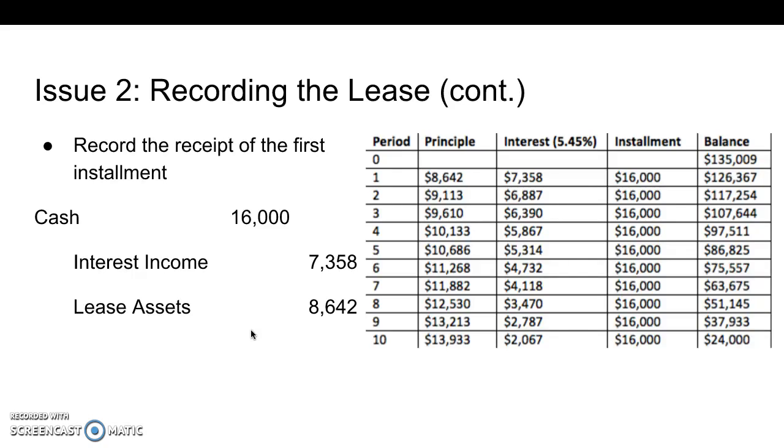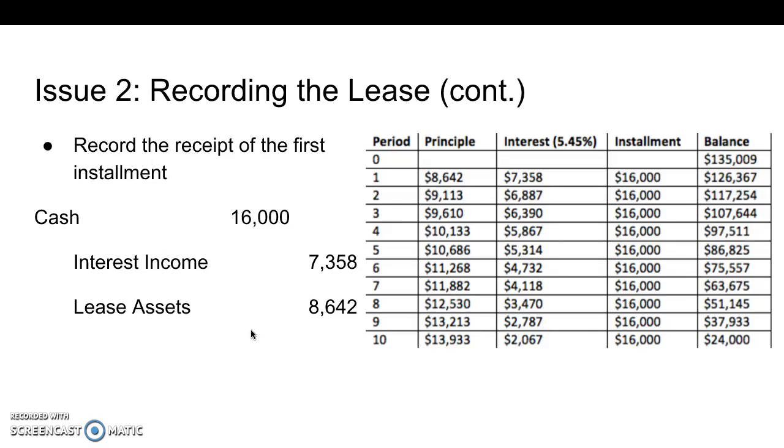In order to calculate the principal and the interest payment, we have to take the present value of the lease, which is the $135,009, multiply by the interest rate of 5.45%, and you get your interest income of $7,358.